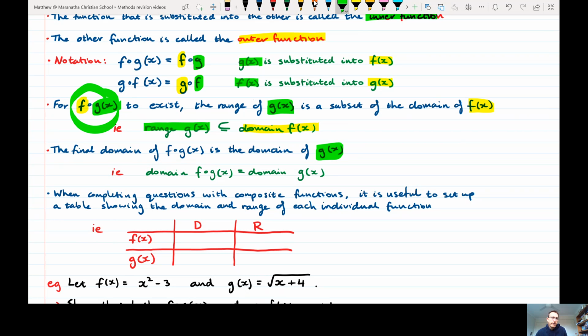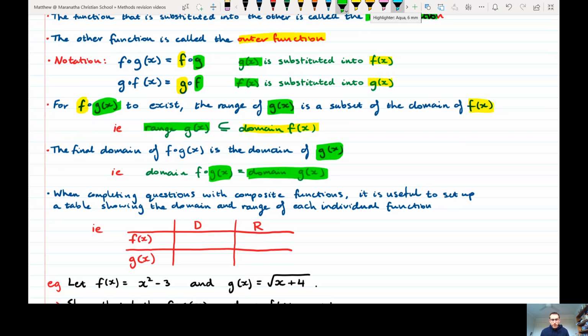That is only going to work based on the x values in this little one here. Because think about it, where do the y values of g come from? The x values of g, which is the domain. So the domain of f of g is the domain of that second one. Okay, that's really important.